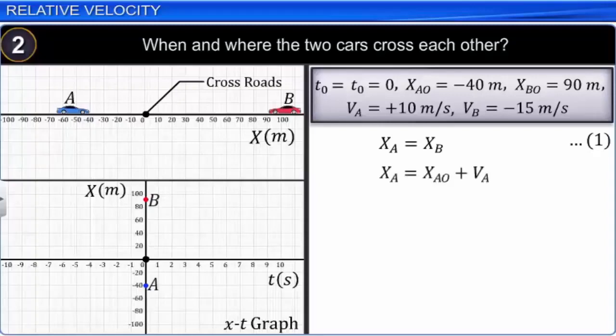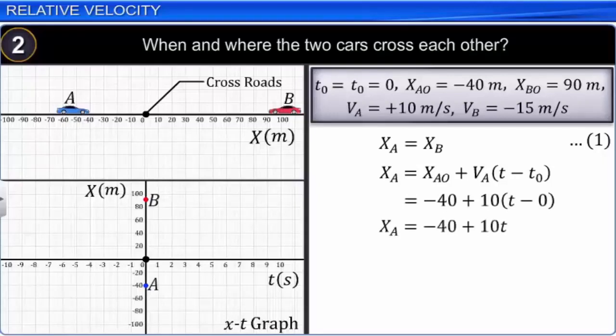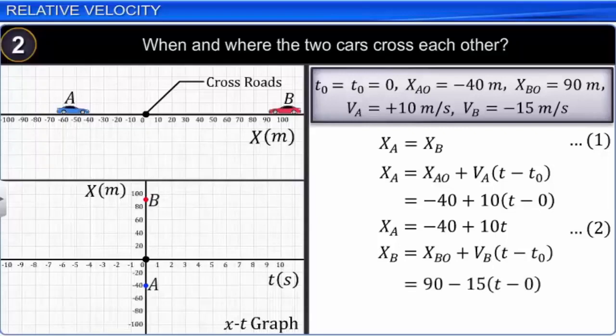By substituting and simplifying, we get XA equal to minus 40 plus 10T, which is equation 2. Similarly, XB is equal to XBO plus VB into (T minus T naught). By substituting and simplifying, we get XB equal to 90 minus 15T, which is equation 3.